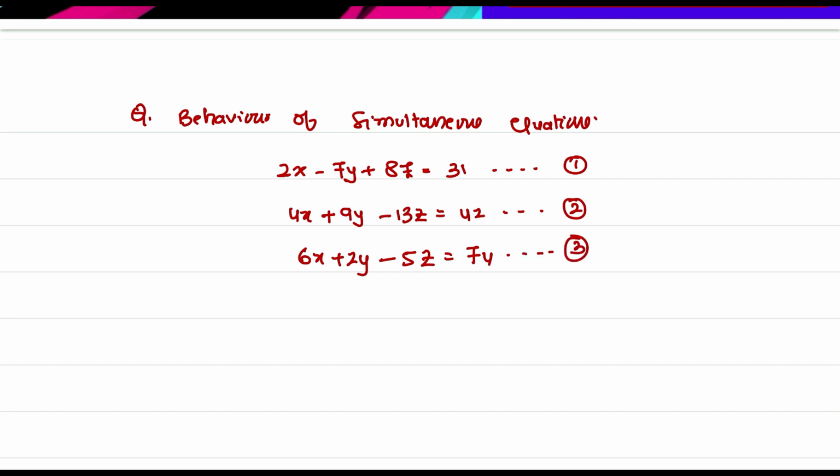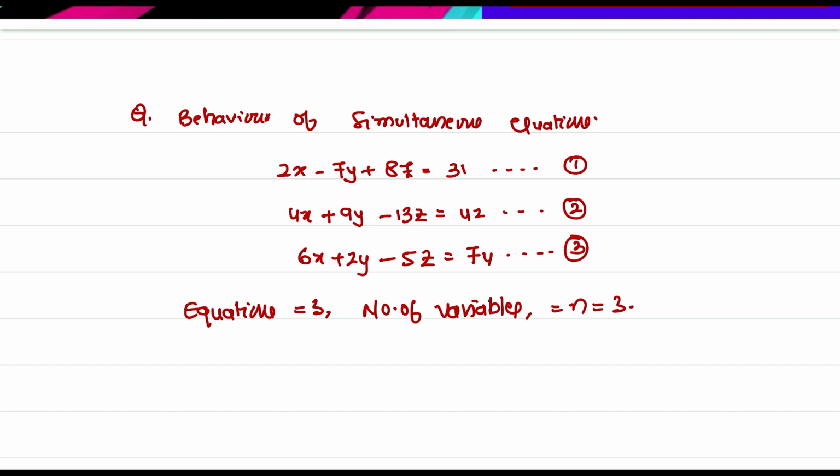And what are the number of variables? Equations is equal to 3. Number of variables are x, y, z, that is n is equal to 3, x is a variable, y is a variable, z is a variable.